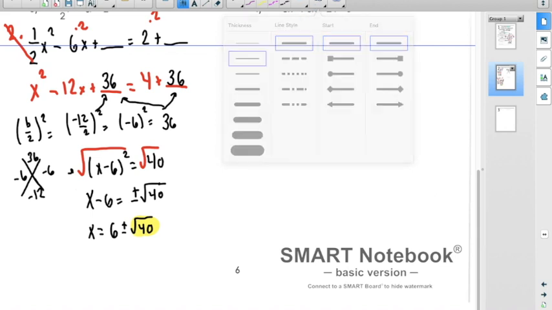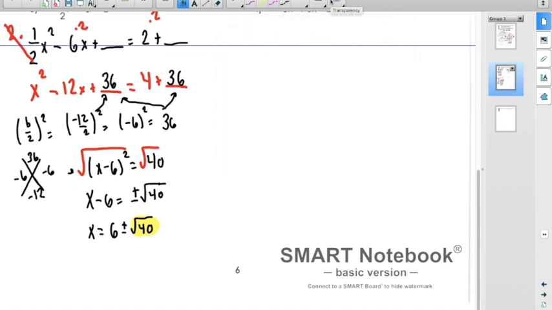So this is where your VIPS list comes in play, your very important perfect squares. What could I break up the square root of 40 into? Well, if you don't know, it would be 4 and 10. Circle my perfect square of 4, which becomes 2 times radical 10. And don't forget the 6 plus or minus.